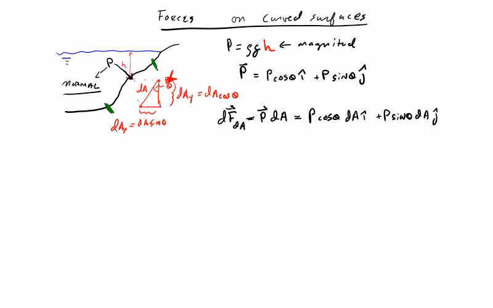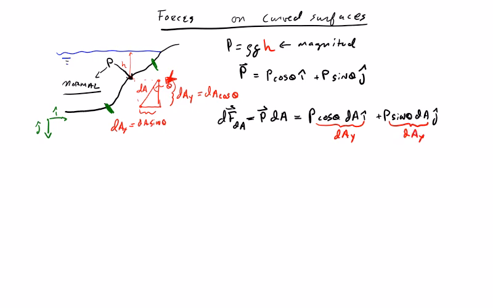Clearly we're assuming a frame of reference such that this is x and this is y. Actually, if we're going to be specific based on the way I've drawn it, this is y, so this is j, and this is I. It doesn't particularly matter. So this cosine theta dA here is actually dAy, and this sine theta dA is actually dAx.